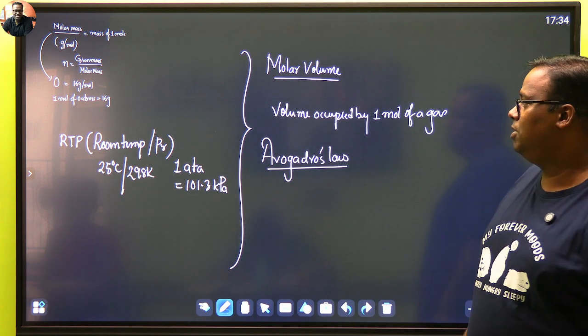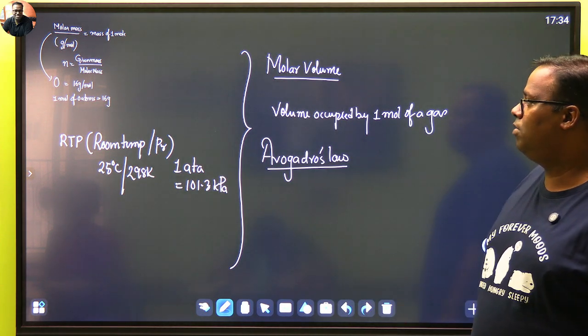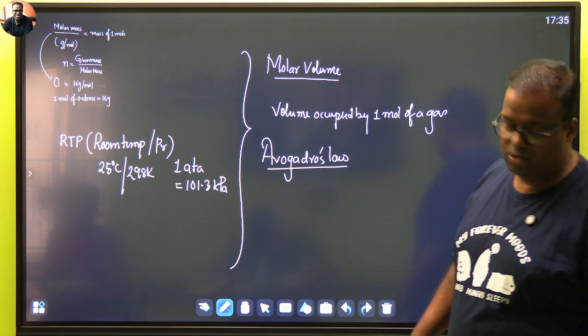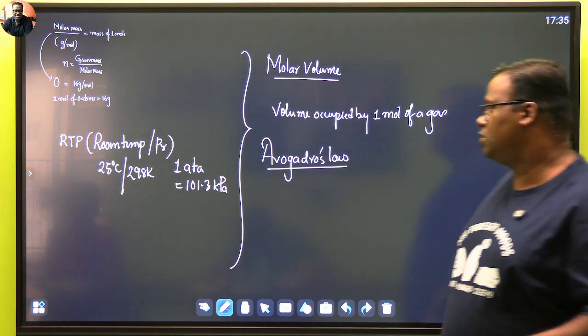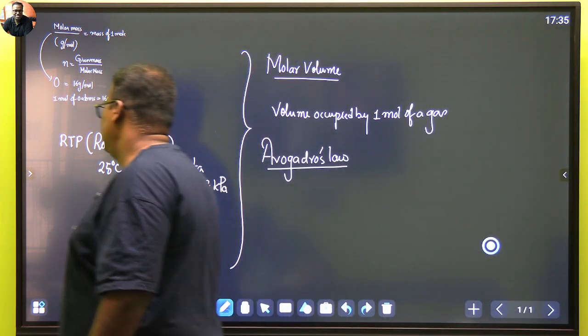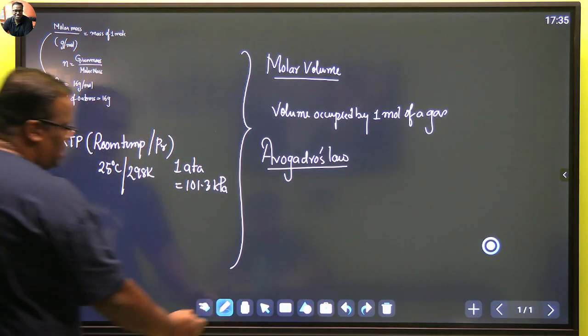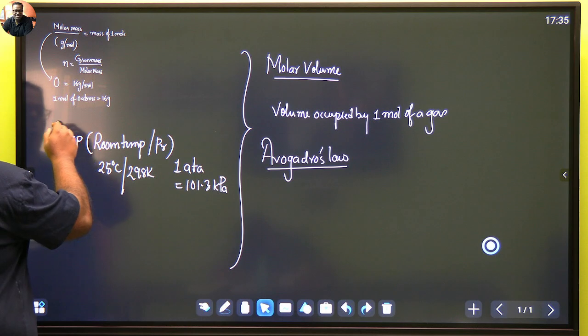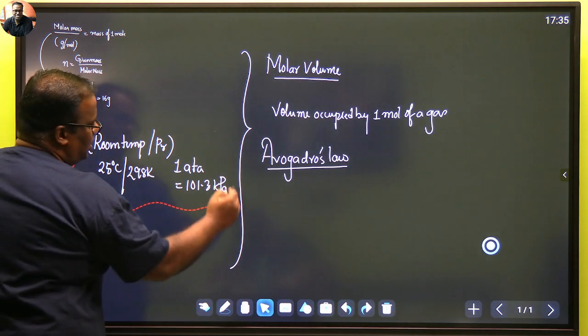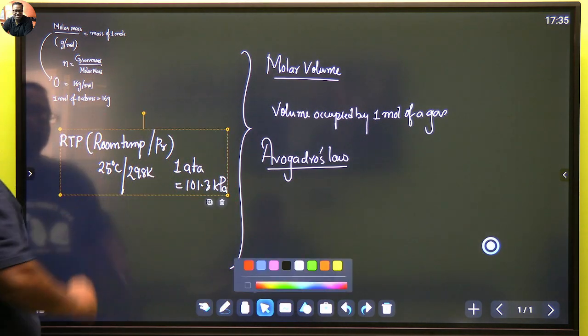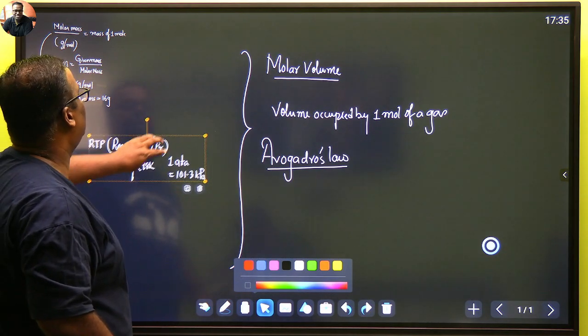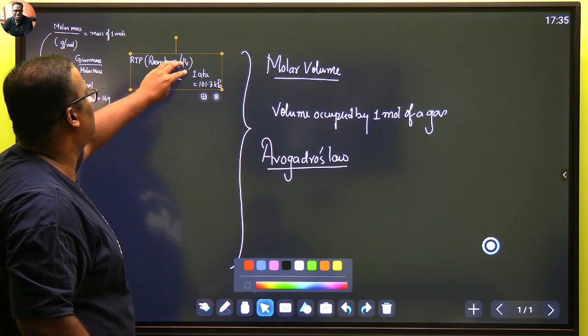So when we classify Avogadro's law, we will be classifying it at room temperature and pressure: 25 degrees centigrade and 1 atmosphere pressure. 1 atmosphere is correct because it is the pressure which is right now prevailing. Right now on top of your head you have 1 atmosphere as the pressure.